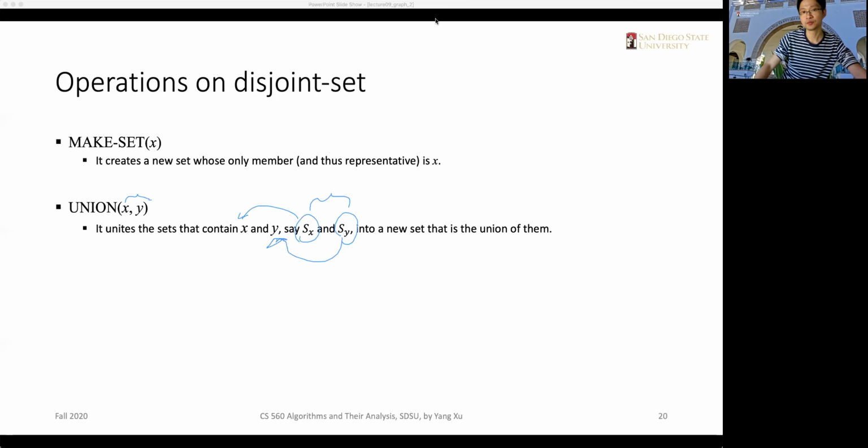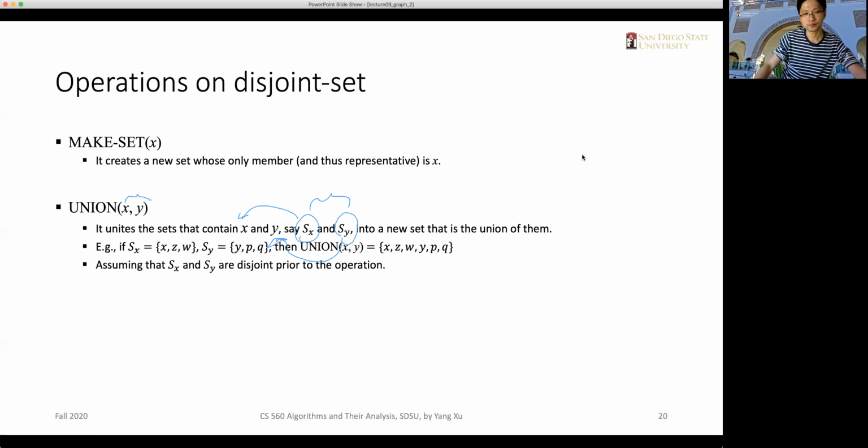So for example, if Sx is {x, z, w} and Sy is {y, p, q}, then union on X and Y will result in a new set that contains the 6 elements, which combines the two sets together.